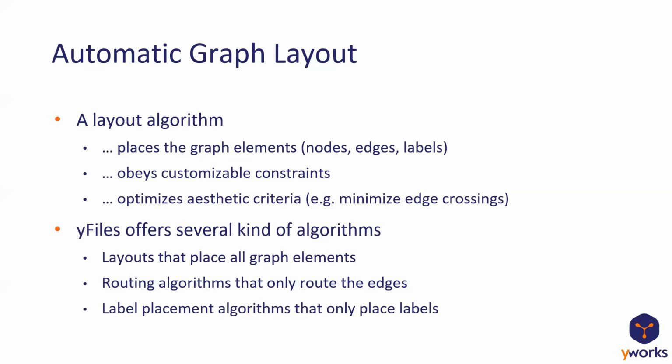So a layout algorithm can place all these elements. At the same time, it obeys constraints given by the user, things like that a certain node might need to be above another node, for example. And third, the algorithm optimizes aesthetic criteria. For example, it tries to avoid or minimize crossings between edges, or optimize some other criteria which are specific to each layout style.